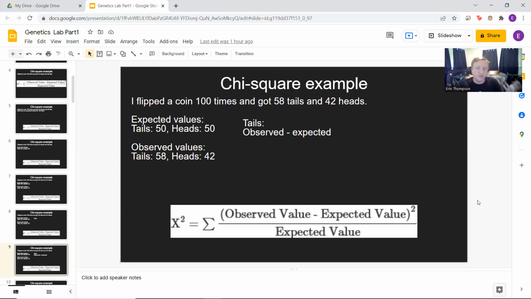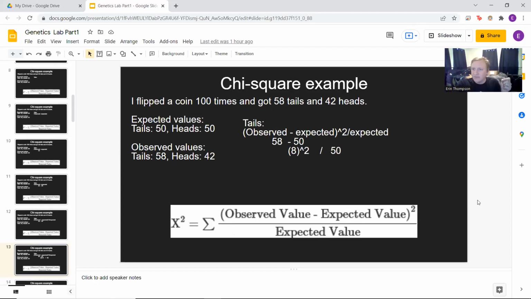Okay, so our observed minus expected, our observed value is 58. I flipped 58 tails. And our expected value is 50. Okay, the math so far hopefully isn't too horrendous, right? 58 minus 50 happens to be 8. Then we need to square that value and divide it by our expected value.